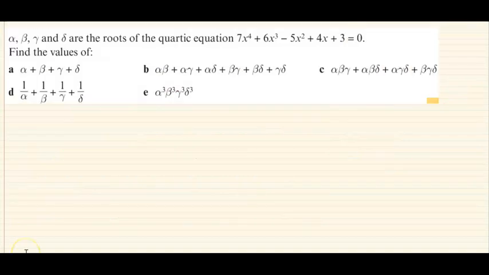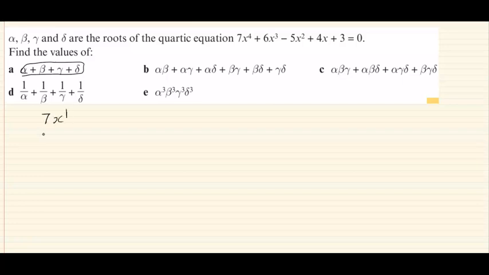Isn't it? Here in this question, alpha, beta, gamma and delta are the roots of the equation 7x^4 plus 6x^3 minus 5x^2 plus 4x plus 3 equal to 0. Okay. So the first thing you need to find here is alpha plus beta plus gamma plus delta. So what is the first thing you need to do? Copy down the equation.